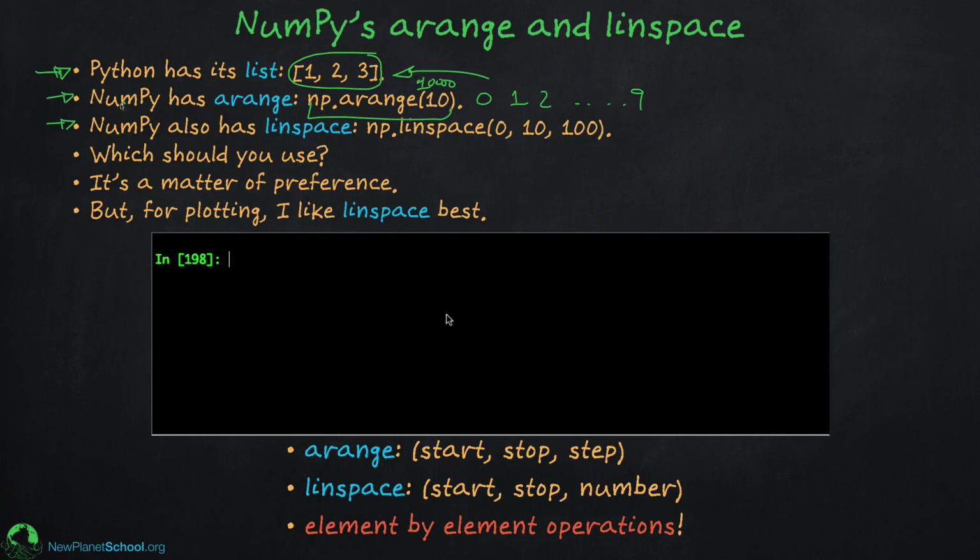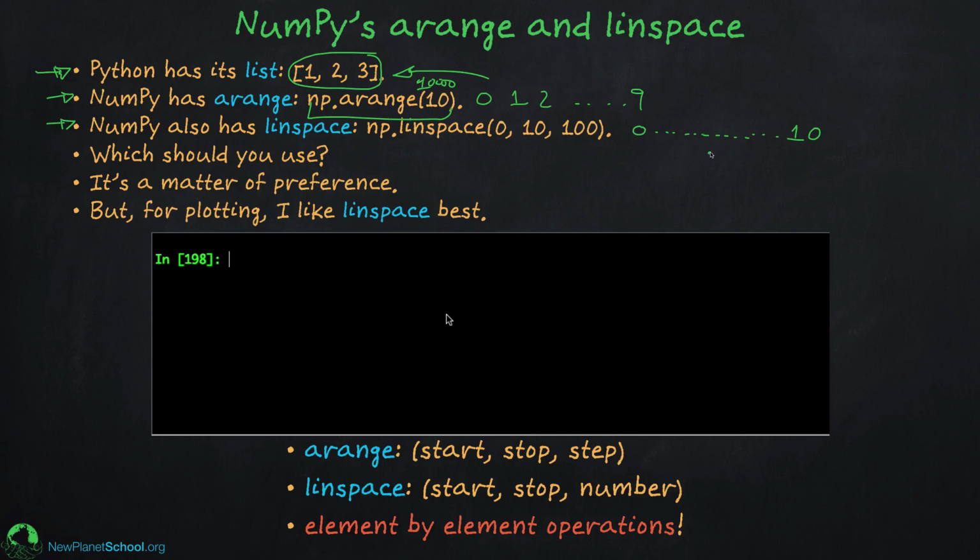A third command that's also very useful is called linspace. And linspace does something very similar to arange, but it takes more arguments. And I'll show you in a second what happens if you don't give it enough arguments. So in this example, what this says is make an array, start at 0, end at 10, and make it so that there's 100 different values in between.